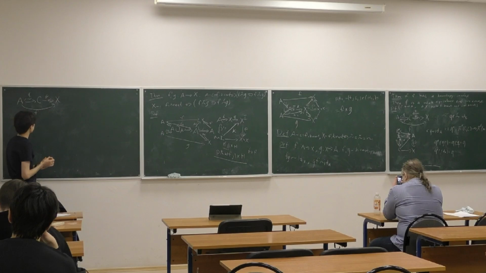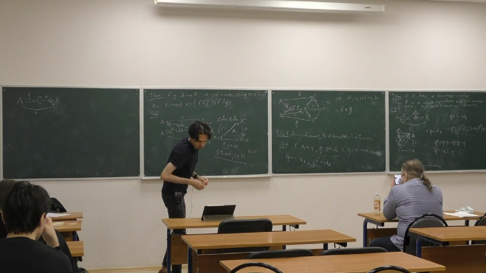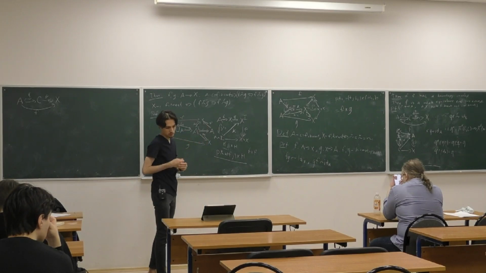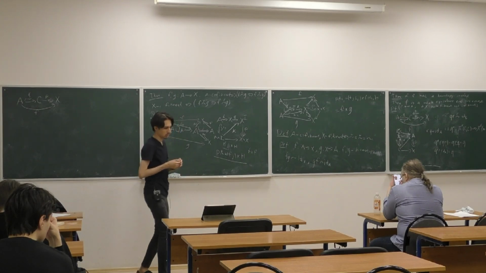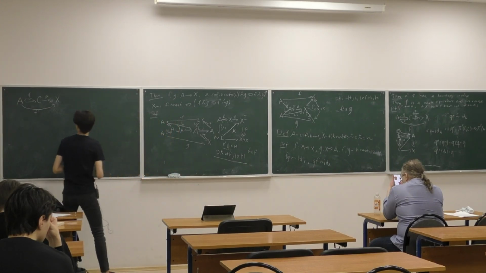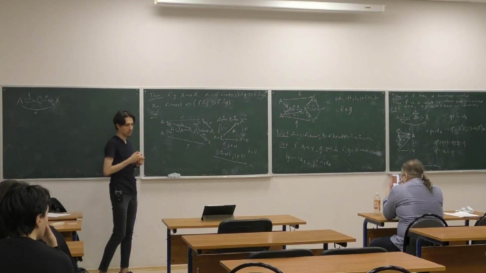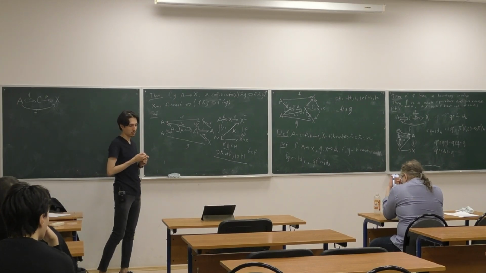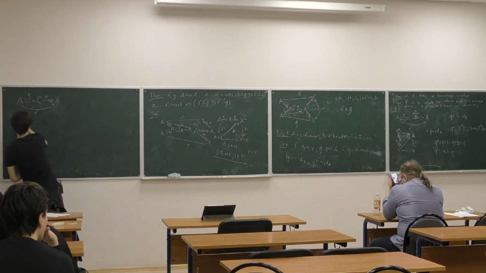Okay. So let's first show what it means that FG is homotopy equivalent to IDX, so G is a homotopy inverse.